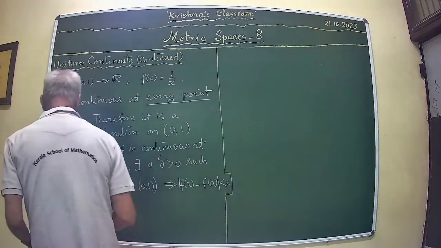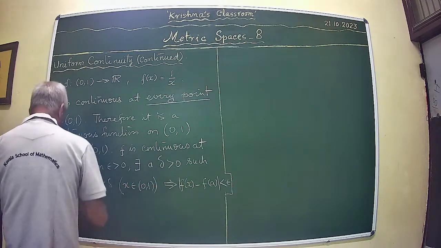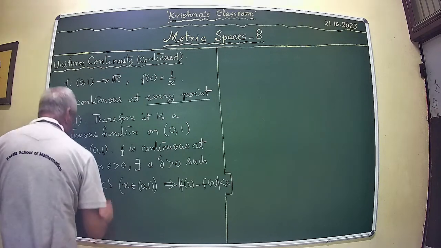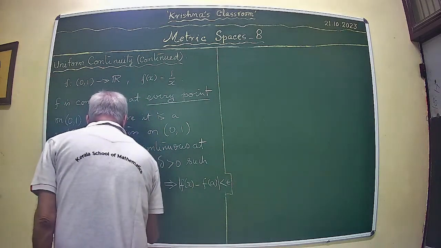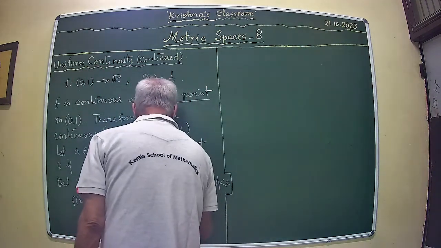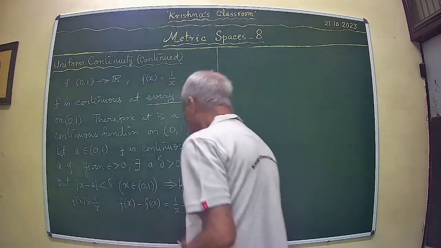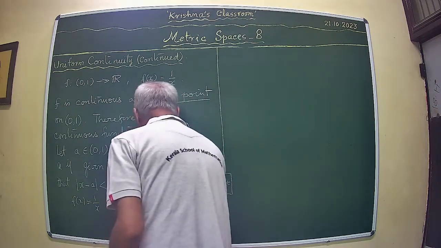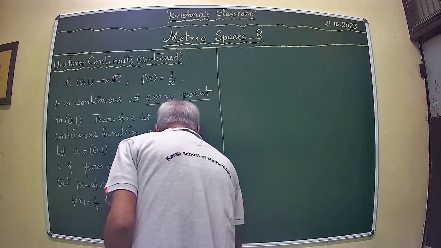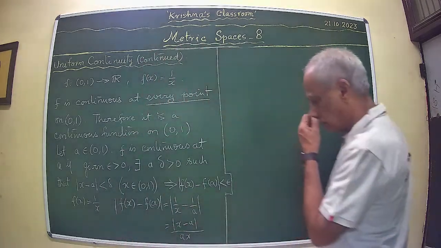So let me just work it out. f(x) equal to 1 by x, so f(x) minus f(a) equal to 1 by x minus 1 by a. This is equal to mod x minus a divided by ax. a and x are positive, therefore this is so.